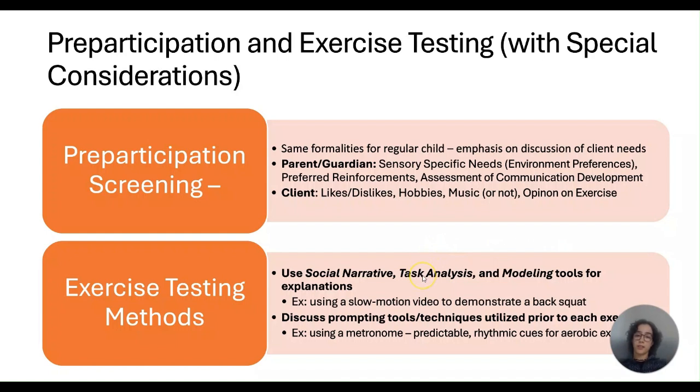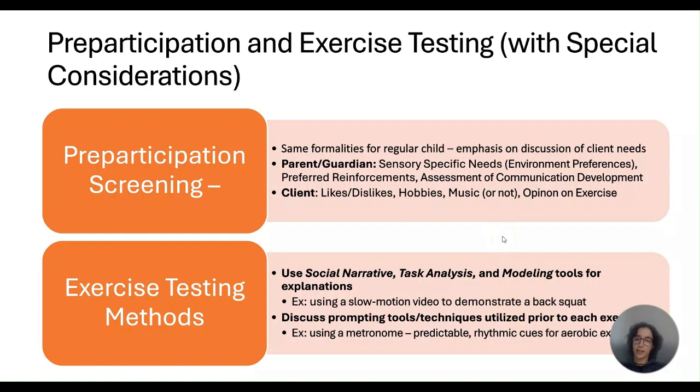One tool can break down the specific movements in an exercise, or especially compound exercises, and modeling, such as video demonstrations for specific exercises, or maybe hands-on modeling, allowing the child to perform a bodyweight version of an exercise, or watch you do it first and then you do it with the child.